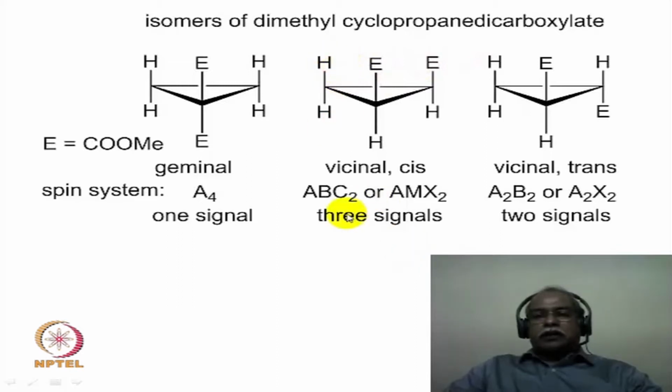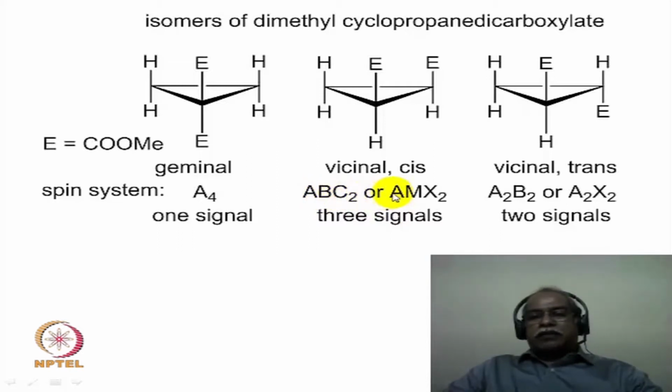So the geometrical relationship between these 2 hydrogens and the ester functional group is very different. Therefore, this would correspond to an ABC2 type of system. In other words, this is A, this is B, and these 2 are the same, so it is C2. It could be either an ABC2 or an AMX2, depending upon the difference in chemical shift value between the various hydrogens in the molecule. If the chemical shift differences are very close, then you would call it an ABC system.